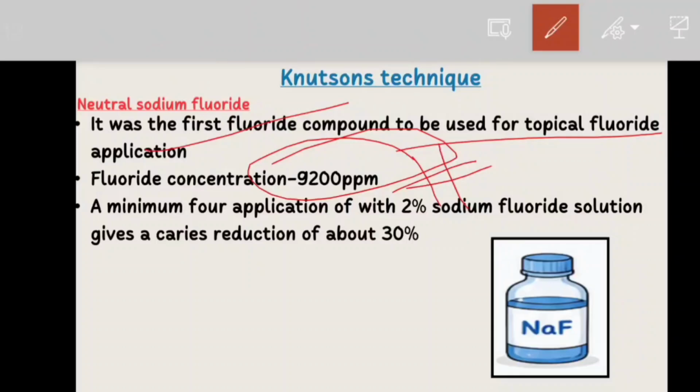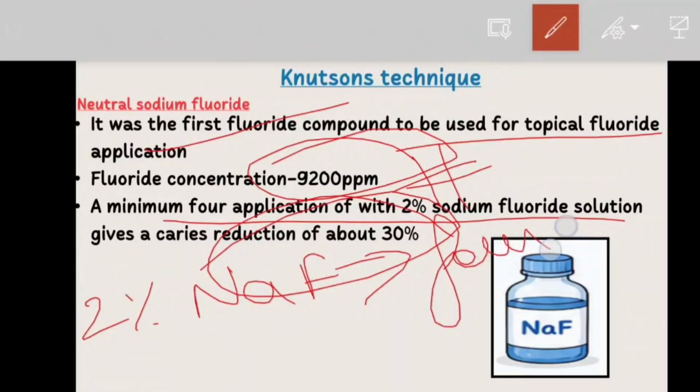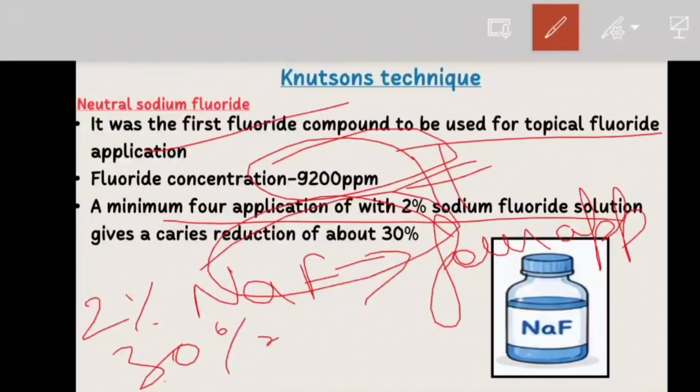So here a minimum of 4 applications with 2% sodium fluoride solution is given, with approximately 30% caries reduction. So there are two numbers you should remember, that is the 2% sodium fluoride which is applied in 4 applications and it will give 30% caries reduction. So this is a very exam friendly point.